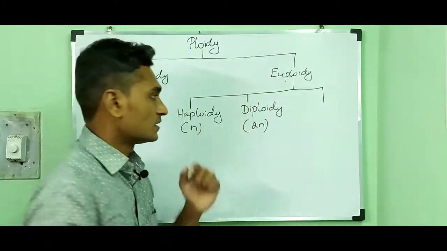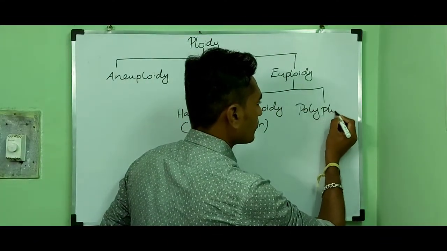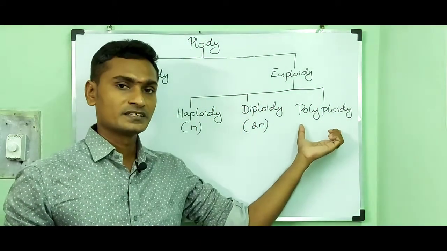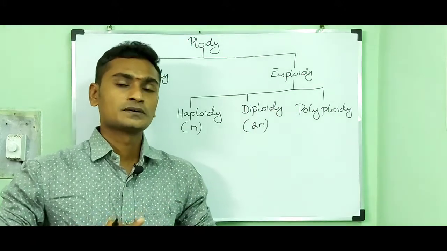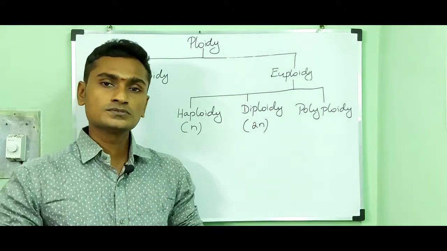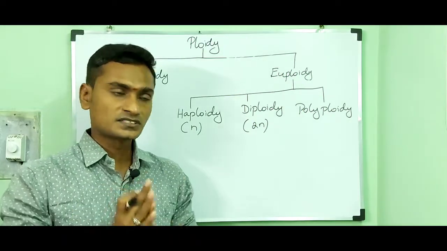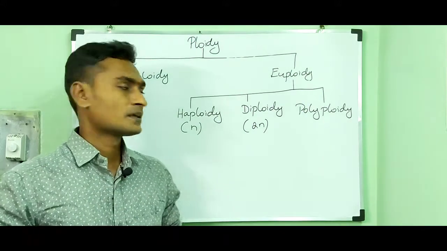Then the last one is polyploidy. In this condition, the organism possesses more than two basic sets of chromosomes, more than 2 or 3 basic sets, and that condition is called polyploidy.